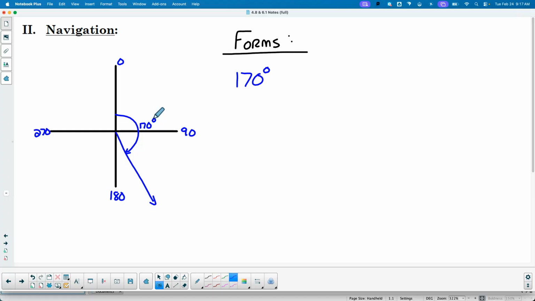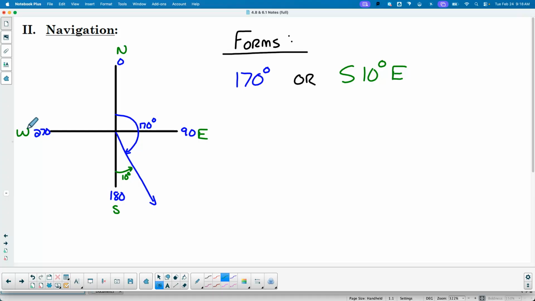And that would be my 170 degree angle. The other form that we haven't been given so far, in this case for the same angle, would be south 10 degrees east. You go from the south, 10 degrees to the east, and we get that.